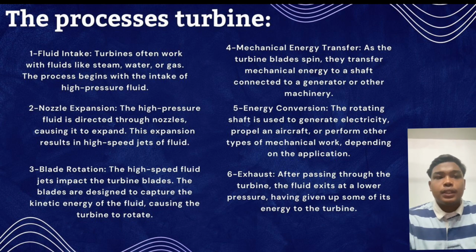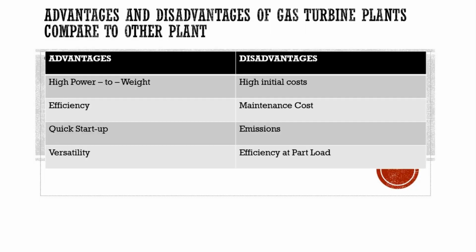The rotating shaft is used to generate electricity, propel an aircraft, or perform other types of mechanical work depending on the application. Last is exhaust. After passing through the turbines, the fluid exits at a lower pressure, having given up some of its energy to the turbines.